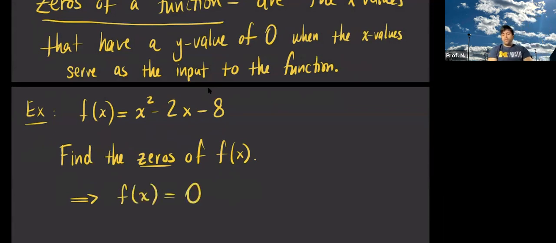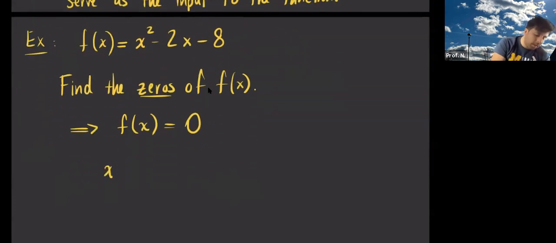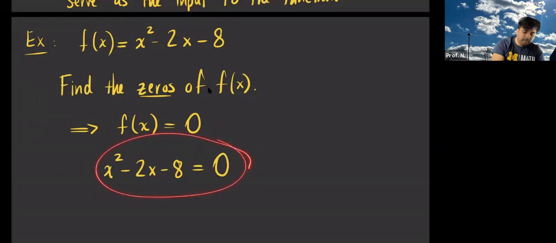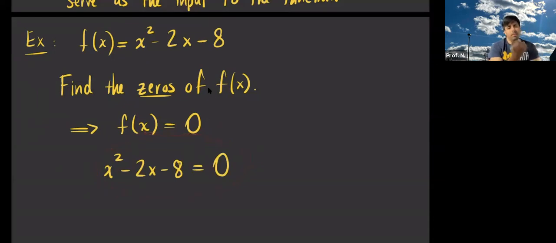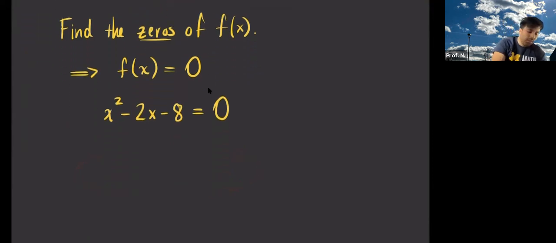Find the zeros is find the x values whose function, when I plug in the x value, gives me 0. But what is this function? It's x squared minus 2x minus 8 equals 0. That's my function. And now look what we have here. It's exactly what we've been doing in the previous problems. We have an equation set equal to 0. And then we factor.